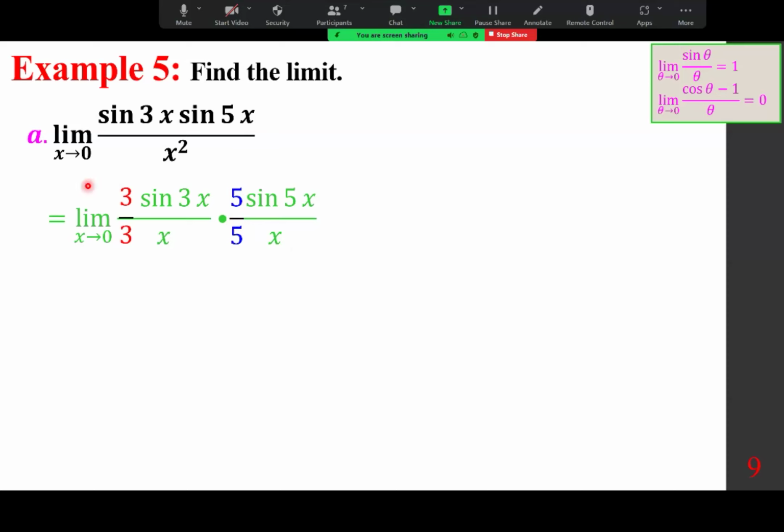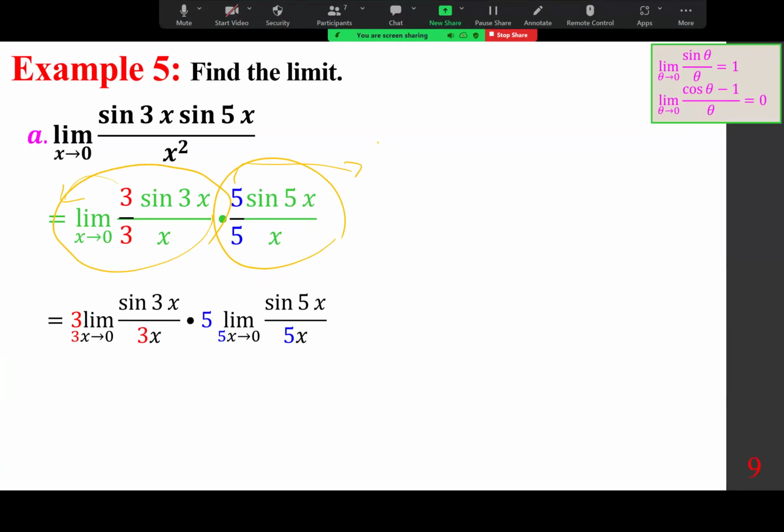Now, we are going to separate these two. As we separate this one, we can take the 3 out. And as we separate this one, we can take this 5 out. So it looks like that. Now, it is important to know when x goes to 0, so does 3x, so does 5x.